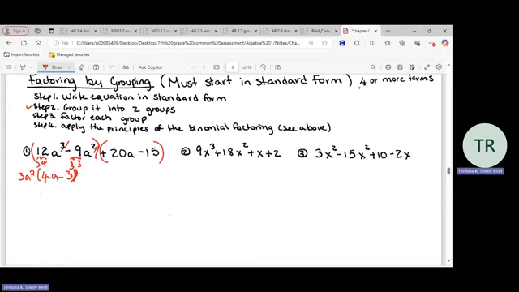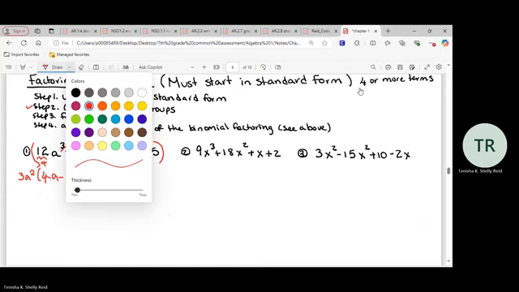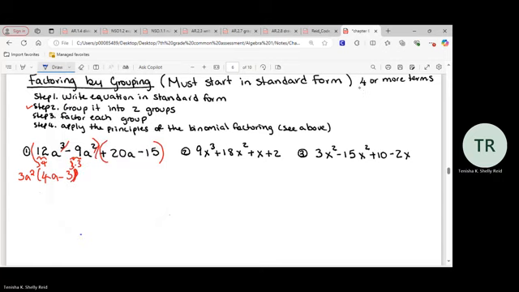Now I'm going to factor out the next one. I think of 20a minus 15. Well, what's the greatest common factor numerically between 20 and negative 15? It's 5. Oh, I'm sorry, we didn't check the variables.